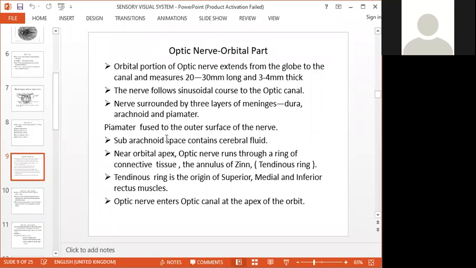And the tendinous ring is the origin of the superior, the medial, and inferior rectus muscles. They originate from this ring, the annulus of Zinn, to insert into the eyeball. They play an important role in the movement of the eyeball.